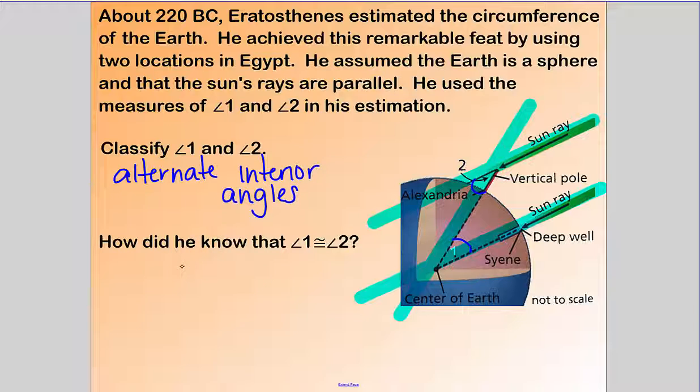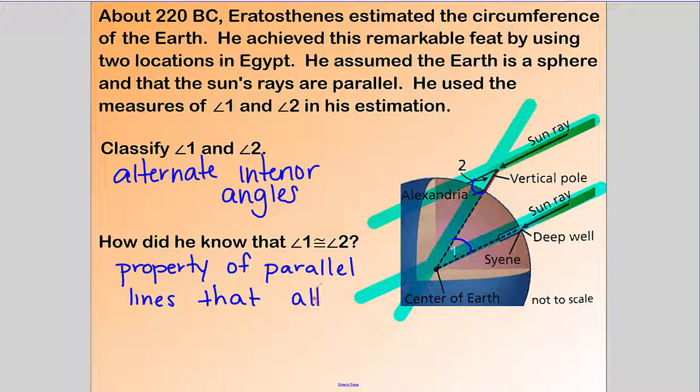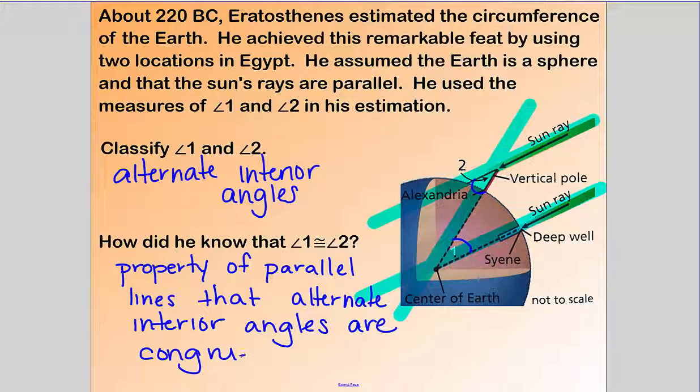And this problem asks, how did he know that angle 1 was congruent to angle 2? It's a property of parallel lines that alternate interior angles are congruent.